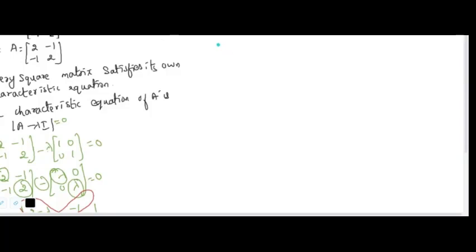So now substituting lambda is equals to A, we get A square minus 4A plus 3I equals 0. So now let us take it as A square equals 4A minus 3I, shifting terms: minus will become plus, and plus will become minus. So call this as equation 1.